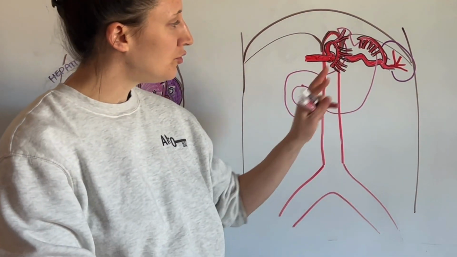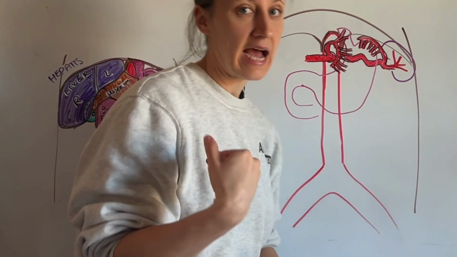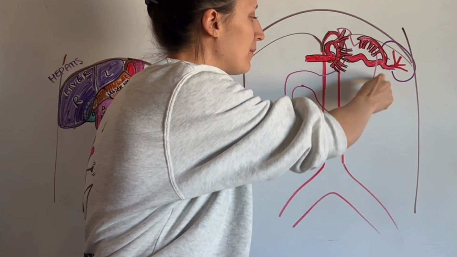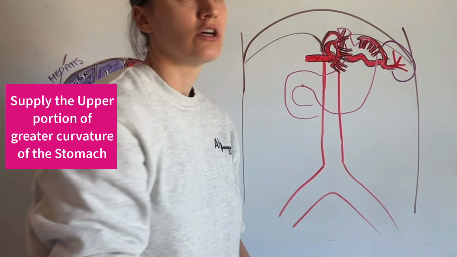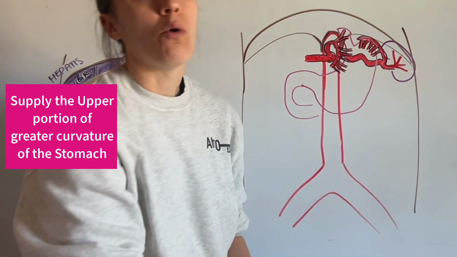Now, I said there were two branches off of splenic that we needed to know. The other branch is another gastric artery, but this gastric artery is going to supply the upper portion of the greater curvature of the stomach and is literally going to run in that greater omentum.